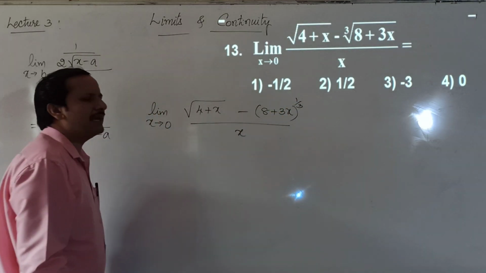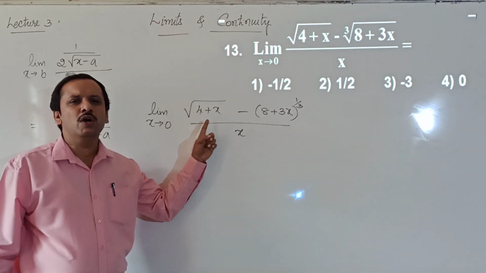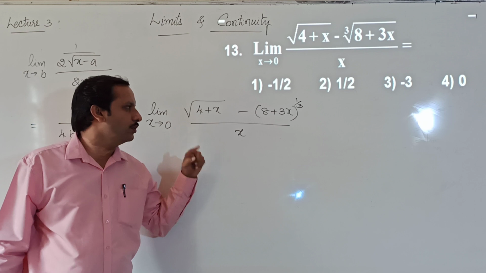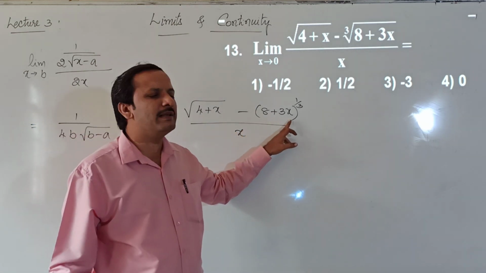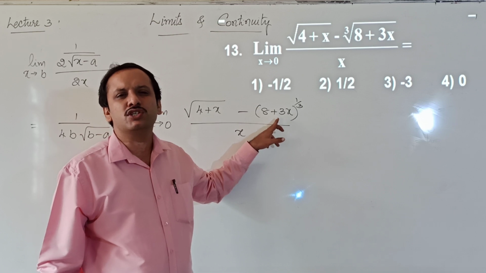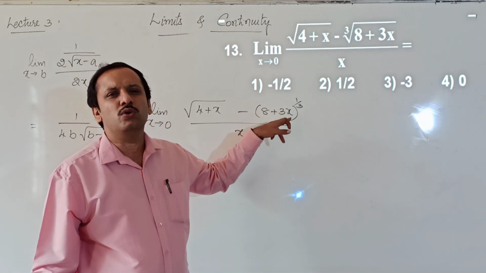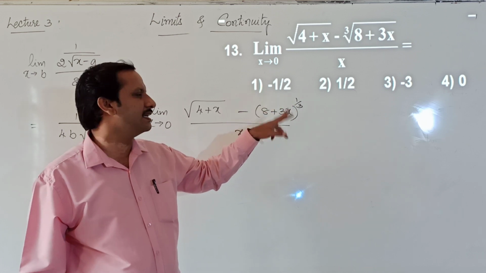If I directly apply the limit as x tends to 0, here this will be 4 plus 0, which is 4. Root 4 is equal to 2. And then here 8 plus 0 is 8, 8 to the power 1 by 3. 8 can be written as 2 cube, 2 cube whole power 1 by 3, which is equal to 2.